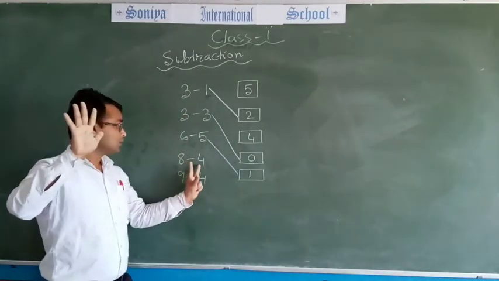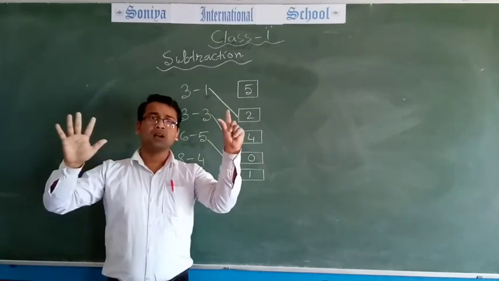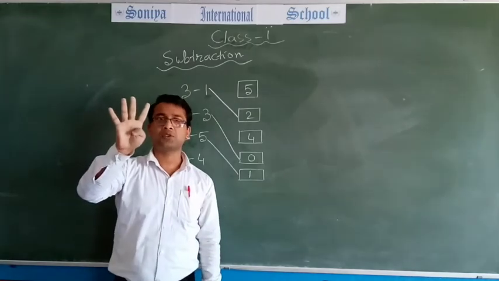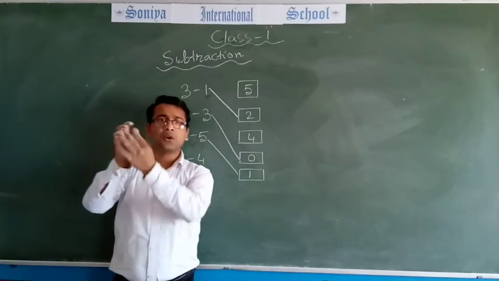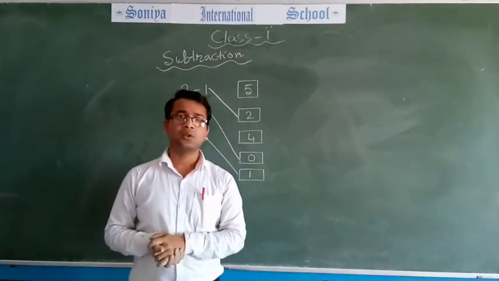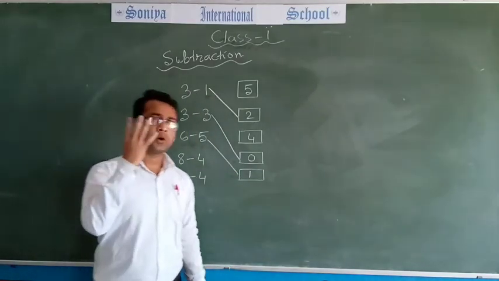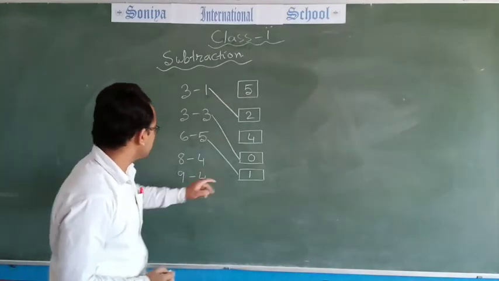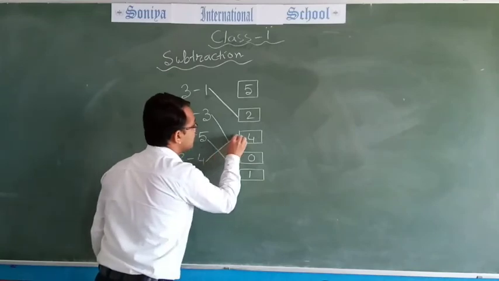Take away 4 fingers. 1, 2, 3, 4. How many left with me? 1, 2, 3, 4. Then 8 minus 4 is equal to 4. Then match this side.